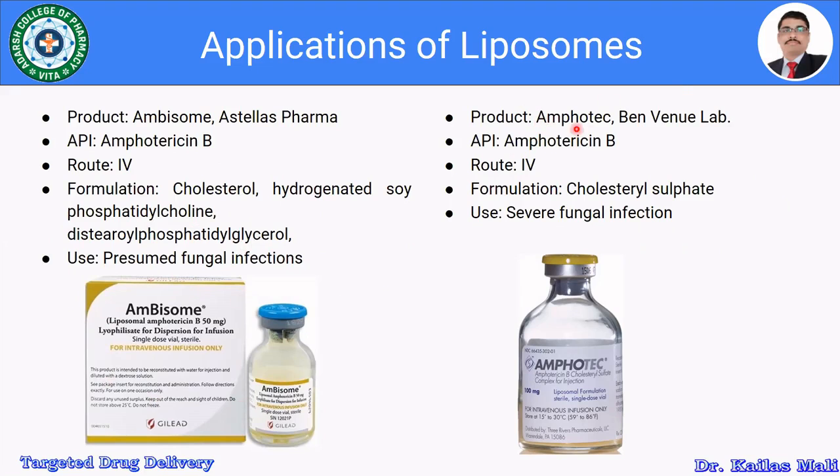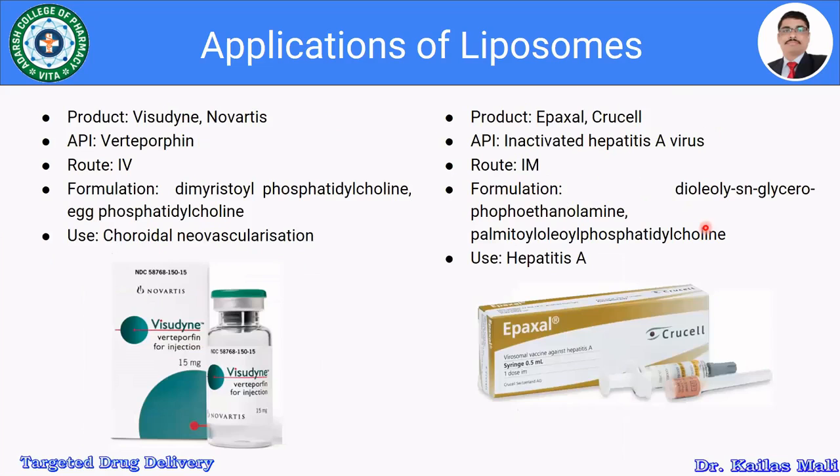Then Amphotec, it is developed by Ben Venue Labs. It contains amphotericin B. It is given by the intravenous route, formulated with cholesteryl sulfate, and it is used for severe fungal infection. Then the Visudyne, it is developed by Novartis.